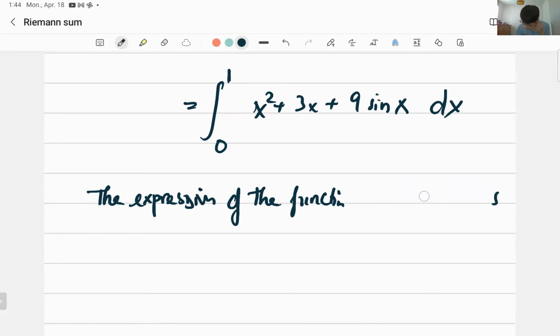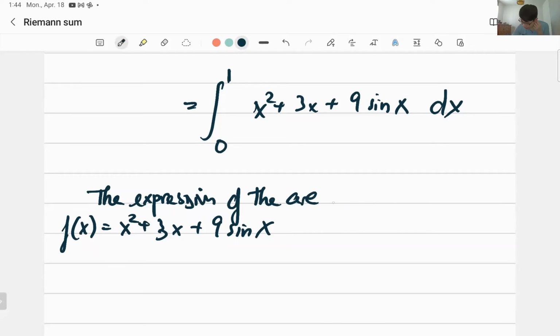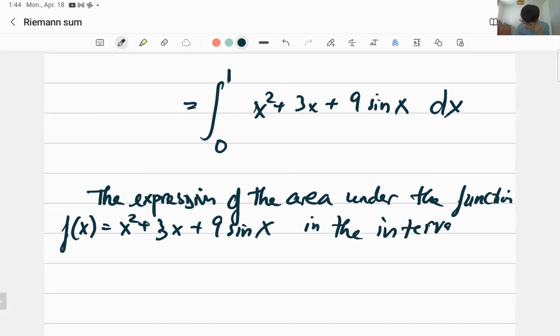Now I don't have enough space, so f of x is equal to x squared plus 3x plus 9 sine x, the area under the function in the interval of 0 to 1. All right, makes sense.